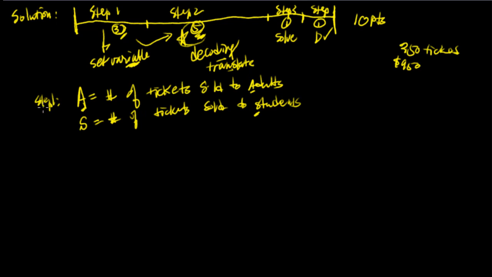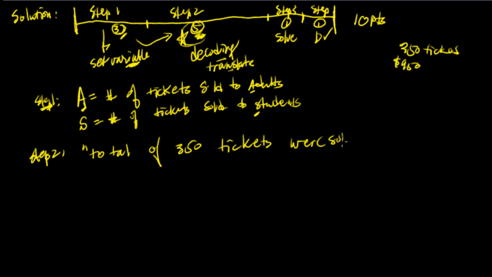Now, step 1, I'll repeat myself again. Do not skip this one, because without step 1, step 2, where you're decoding or translating, becomes very difficult. You'll see in a minute why. Okay, step 2. We were given that a total of 350 tickets were sold. Let me pick a different color here.